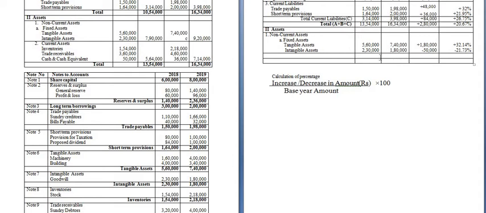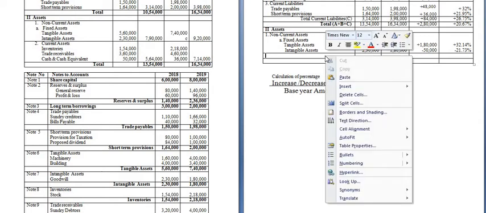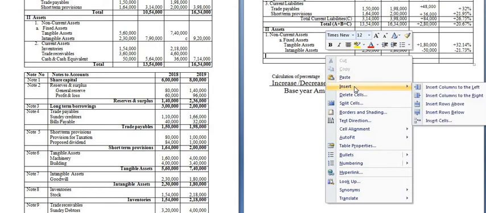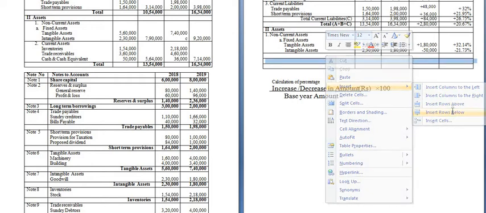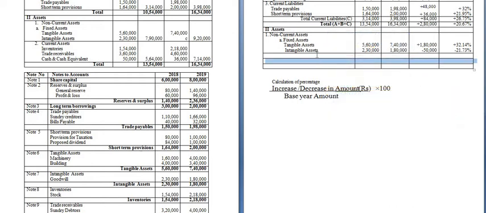Now next one is total non-current assets. As we have made the total of the above liabilities, the same way we have to make the total of non-current assets.